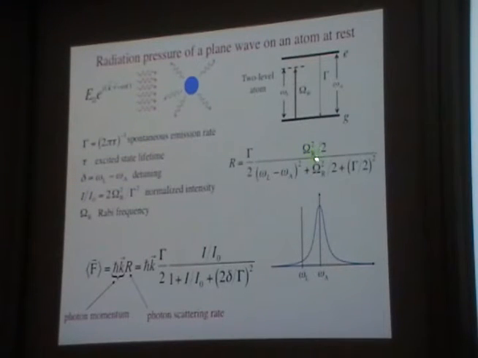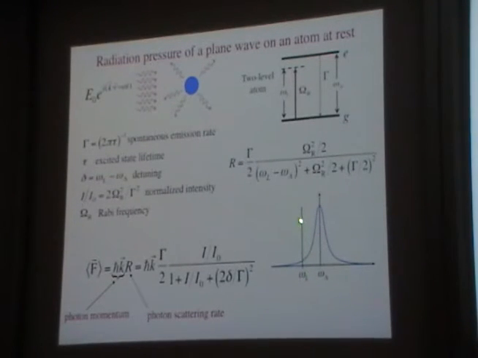And for low intensity, it's just proportional to the light intensity, which goes like the square of the Rabi frequency. And the width for low intensity is just going to go like the natural line width of the transition given by the spontaneous emission rate, gamma.